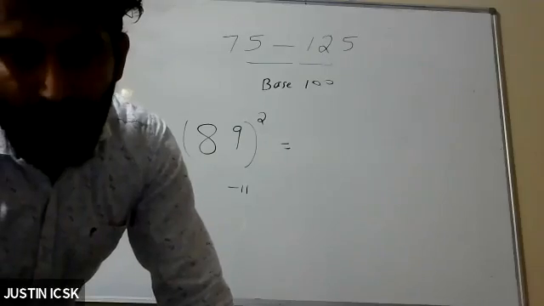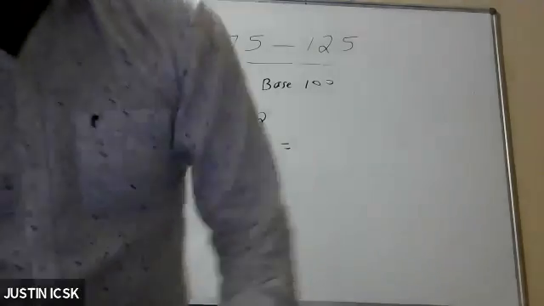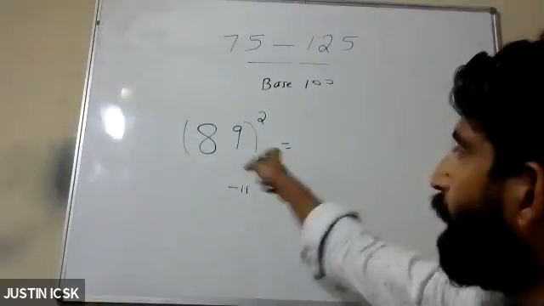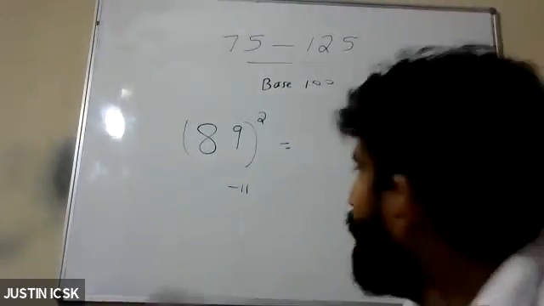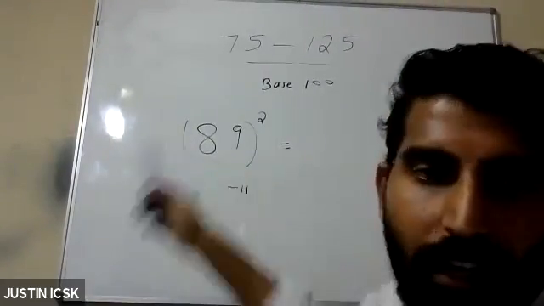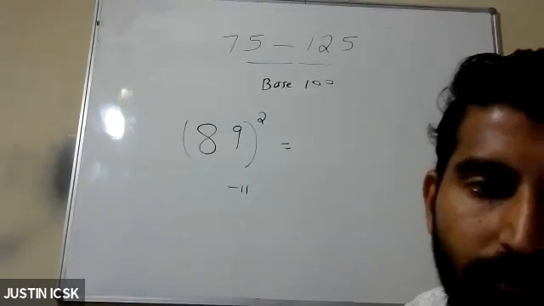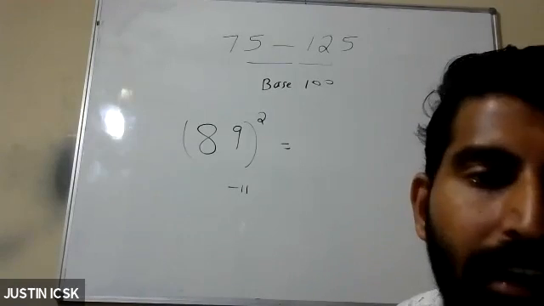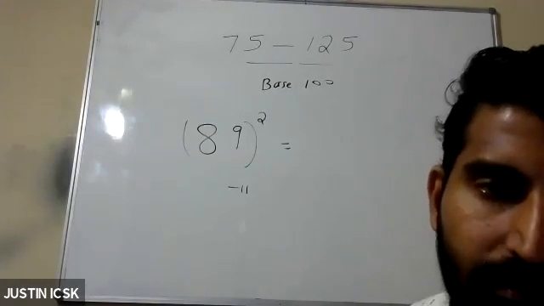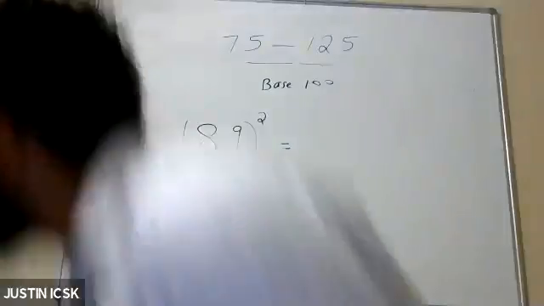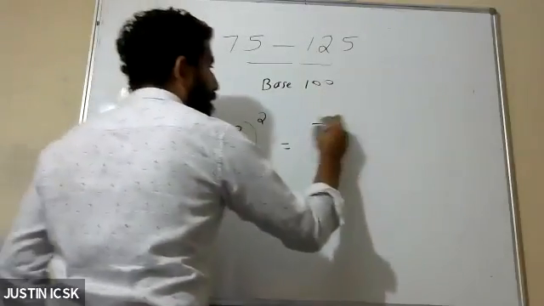You can see that it is 100 minus 11. Now 89 minus 11. Just do 89 minus 11, which is 78.